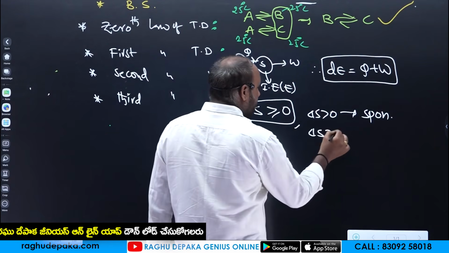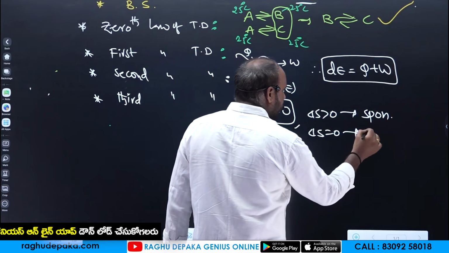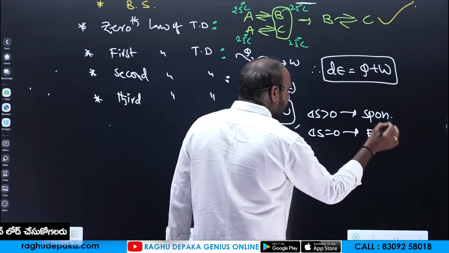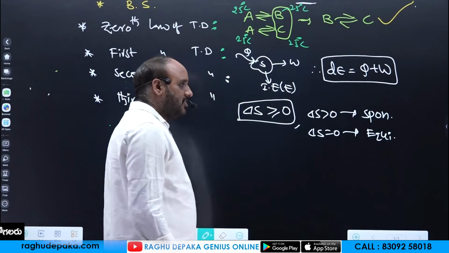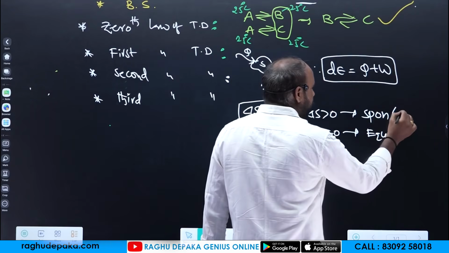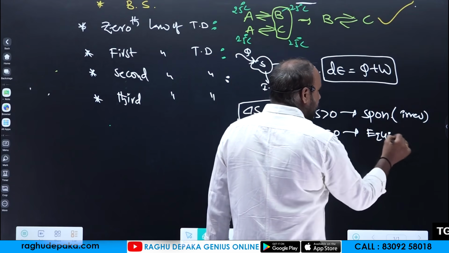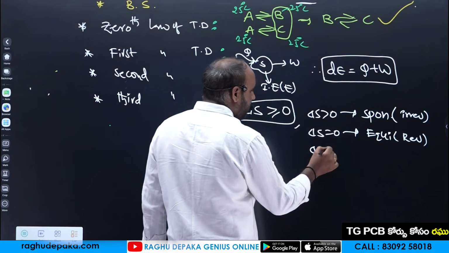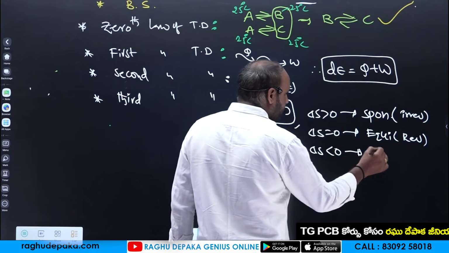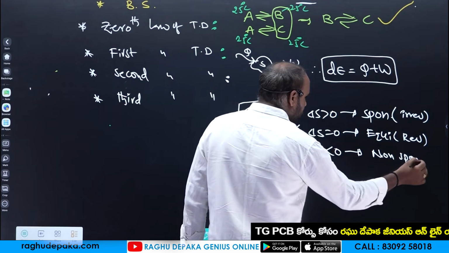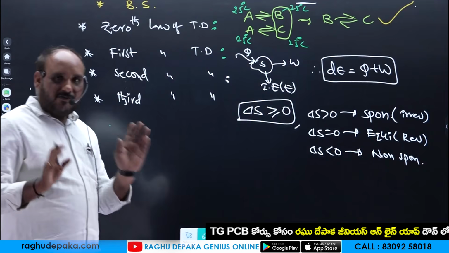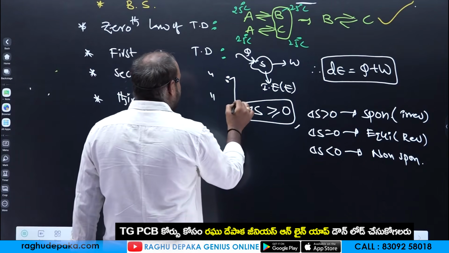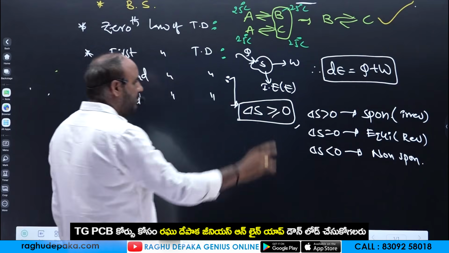When delta S is equal to 0, it explains equilibrium, the system equilibrium, or reversible nature. All the spontaneous reactions are irreversible reactions. Equilibrium reactions are reversible reactions. Whenever delta S is less than 0, that becomes a non-spontaneous process. So the criteria of spontaneity can be explained with the help of the second law of thermodynamics, which introduces the concept of entropy.